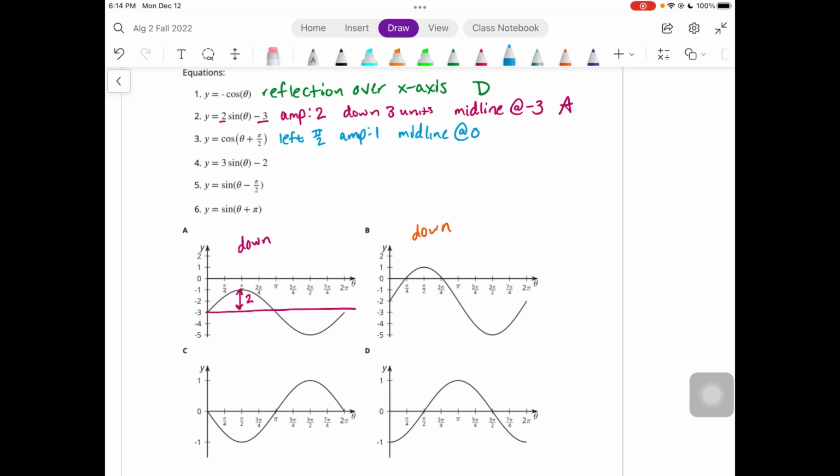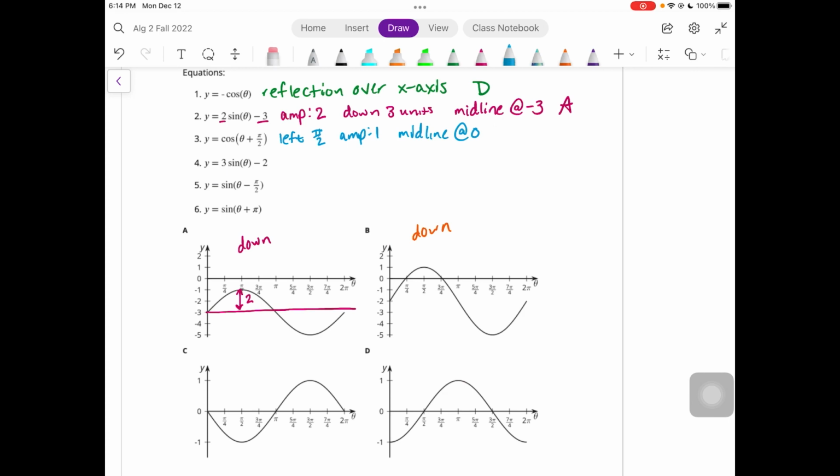And if we look at D, normally cosine starts here. Well, that would be a shift of pi to the right. That's one thing that it could be. So it wouldn't be pi over 2 to the left. And so C is going to be our answer.